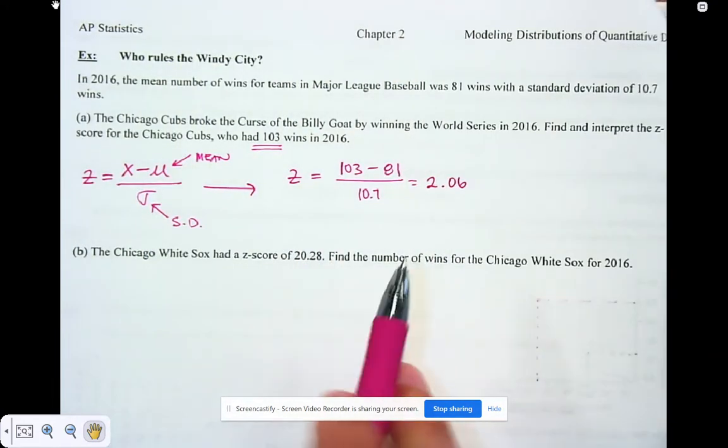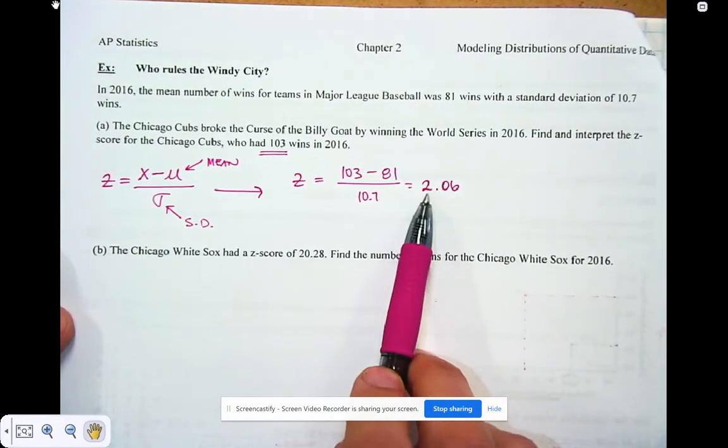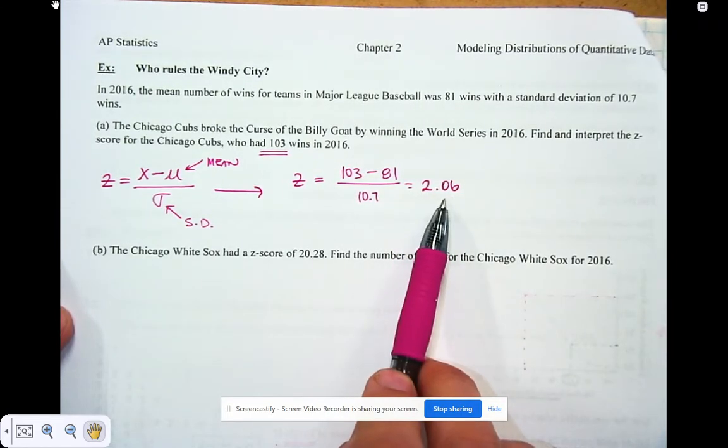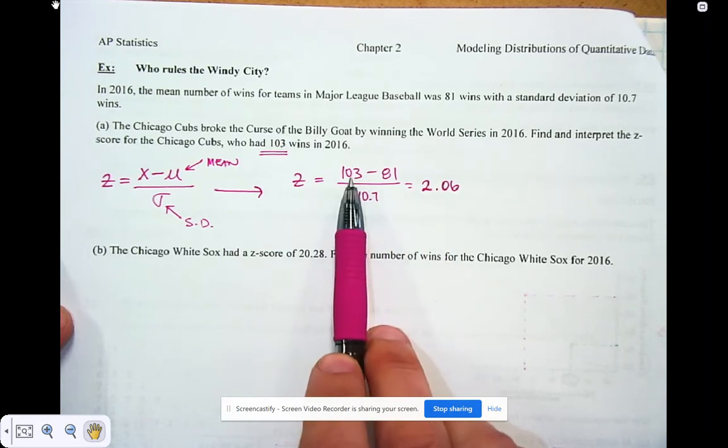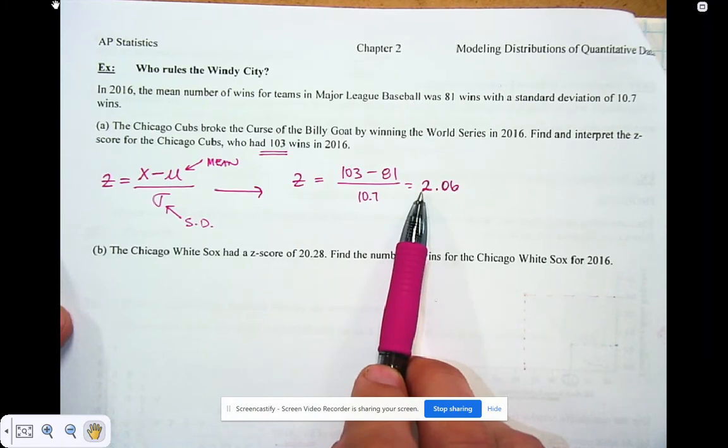Okay. This number, by definition, tells you two things: how many standard deviations away from the mean this data point was, and which direction. So since it's positive, it would be above the average of 81. If it can be negative, which just means it would be below it. Okay.